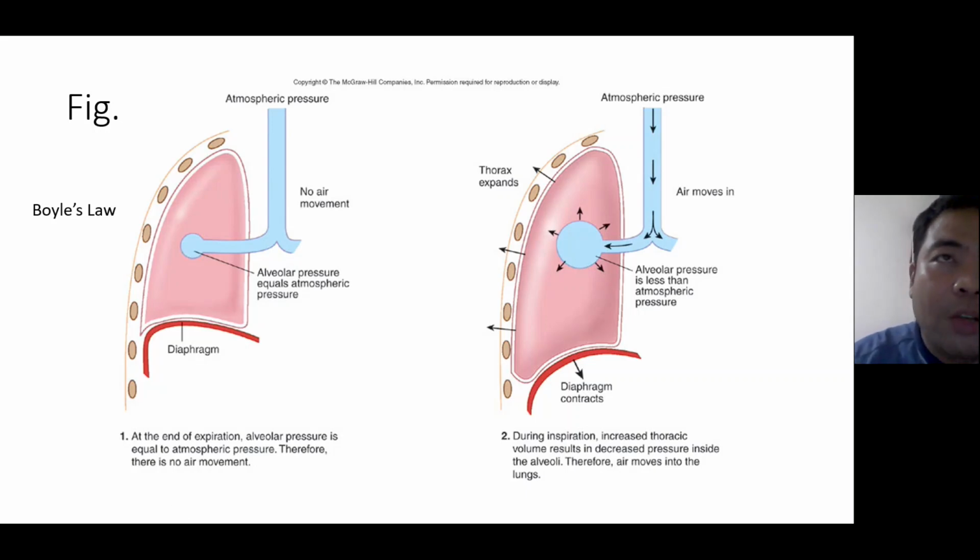Kapag tayo humihinga, when we inhale, the volume of the thoracic cavity increases. And when the volume of the thoracic cavity increases, the intrapulmonary or intrapulmonic pressure or the alveolar pressure, pareho lang yan, decreases.